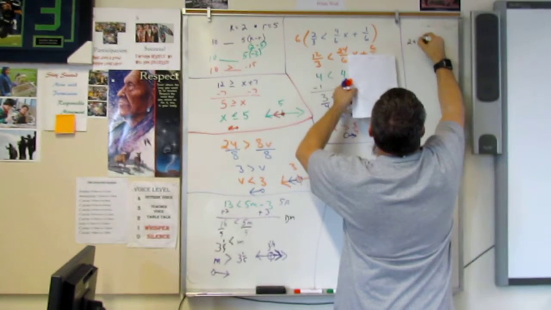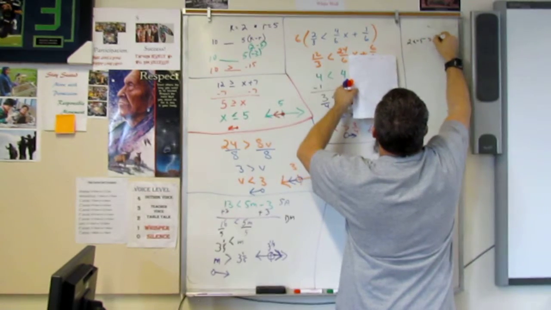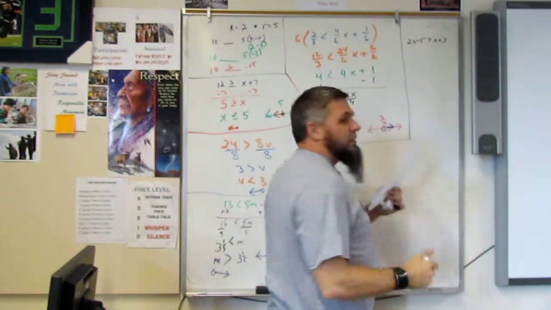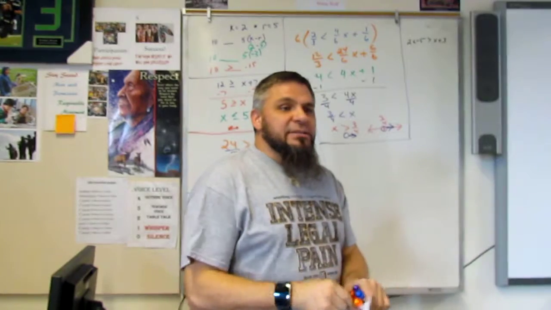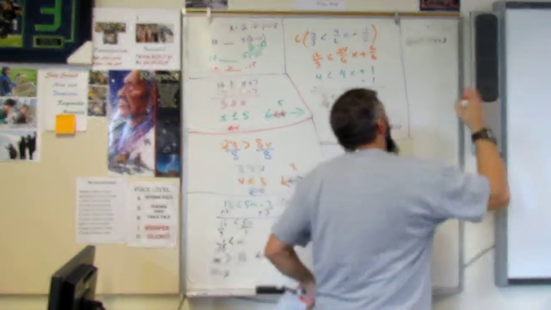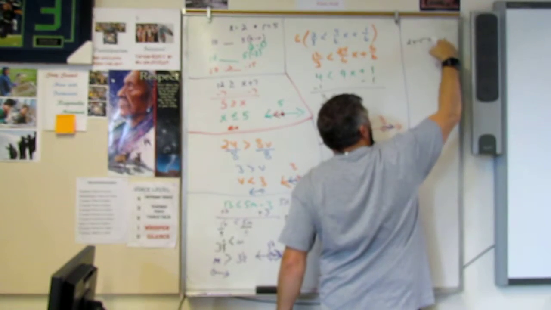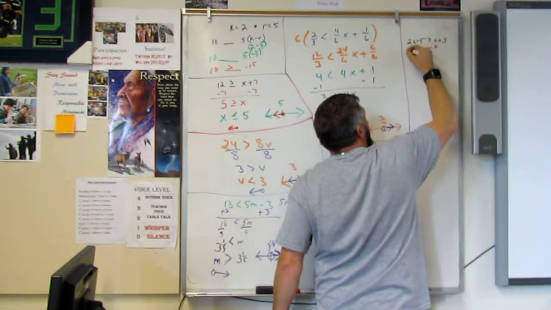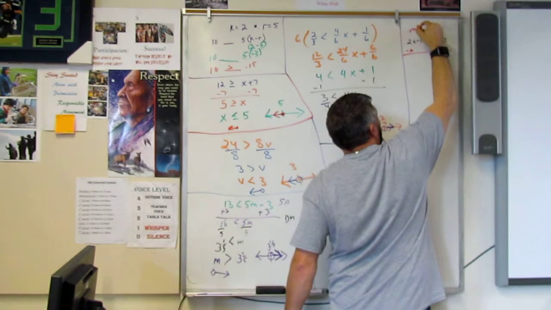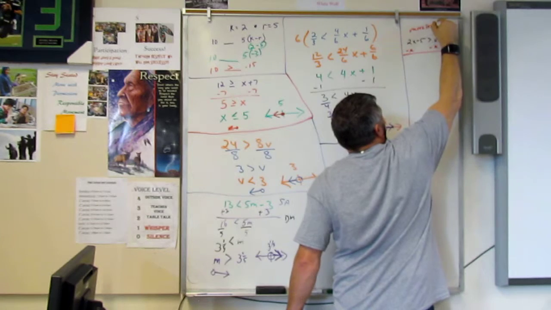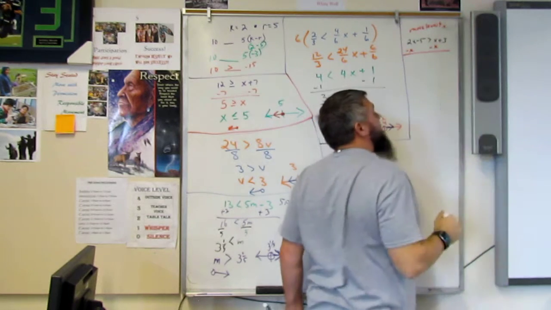2x minus 5 is greater than x plus 3, right? Now I got to move our x's to the same side, so I move the lowest x. So that means I'm going to subtract x and subtract x. So move lowest x. Okay?